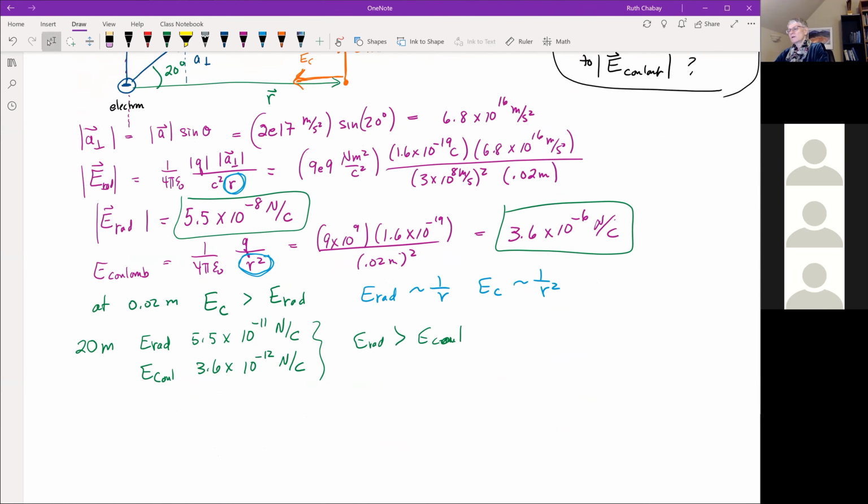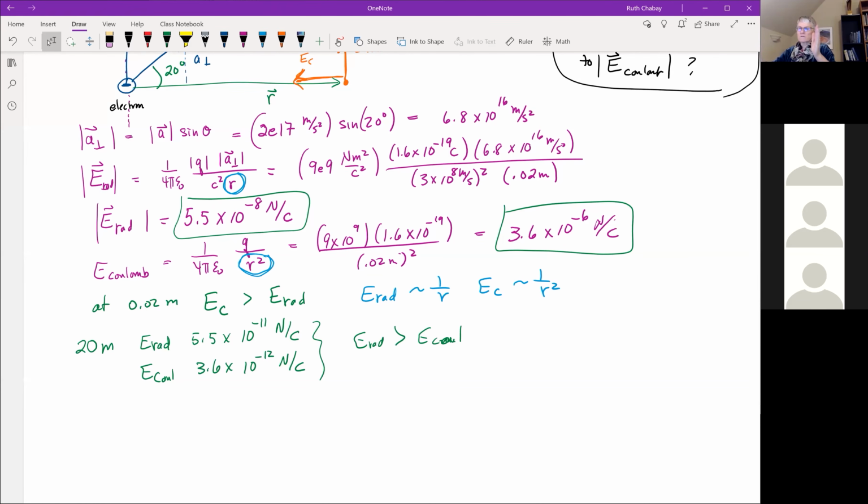However, what's going to happen here is that the further away we get, the ordinary Coulomb field becomes negligible relative to the radiative field. For example, if you're 200 meters away, it's a factor of 100 different. And so you may not even detect that Coulomb field.